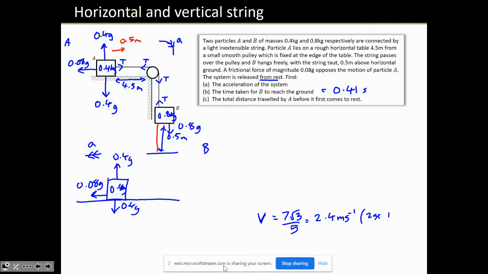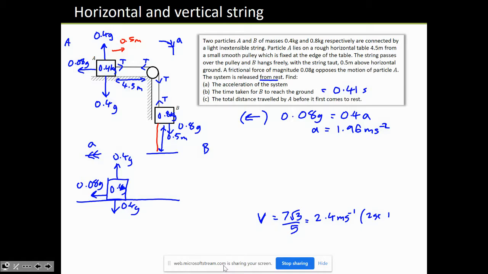So our new acceleration, based on this new initial condition, if we resolve our forces in this direction, because that's the way we're accelerating, we have 0.08 g is equal to our mass, which is 0.4, times our acceleration. So if we rearrange this, we can divide everything by 0.4, and we get our acceleration is 1.96 meters per second squared to the left.